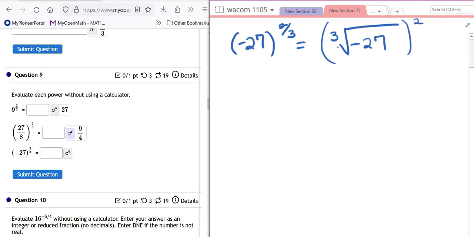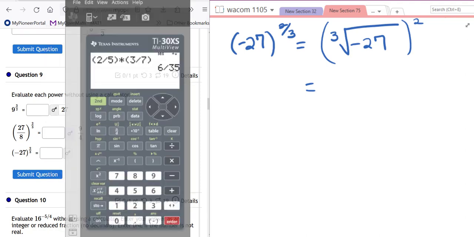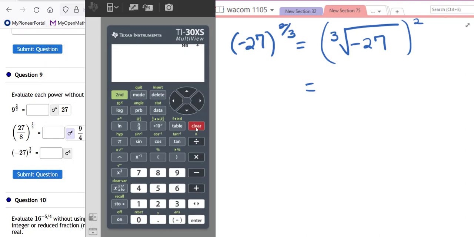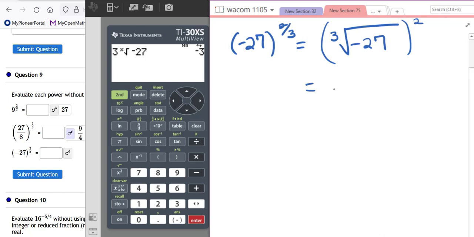Right, so the cube root of negative 27, and you can test it on your calculator. So the 3rd root of negative 27 is negative 3. Now, that is the answer that's in here. You want the whole thing to square, so you need to still have parentheses. And this will give you a positive 9. Whatever sign comes out of this is going to the power. So that's why the parentheses.